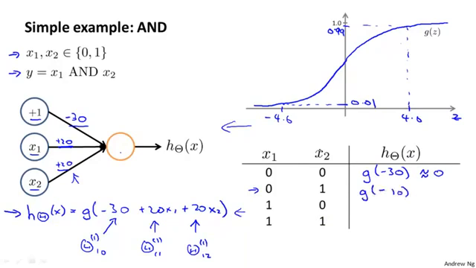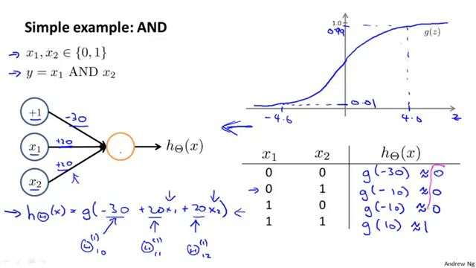Again, that's far to the left of this plot, so that's again very close to 0. This is also g of minus 10 if x1 is equal to 1 and x2 is 0, since minus 30 plus 20 is minus 10. And finally, if x1 equals 1 and x2 equals 1, then you have g of minus 30 plus 20 plus 20, so that's g of positive 10, which is very close to 1.